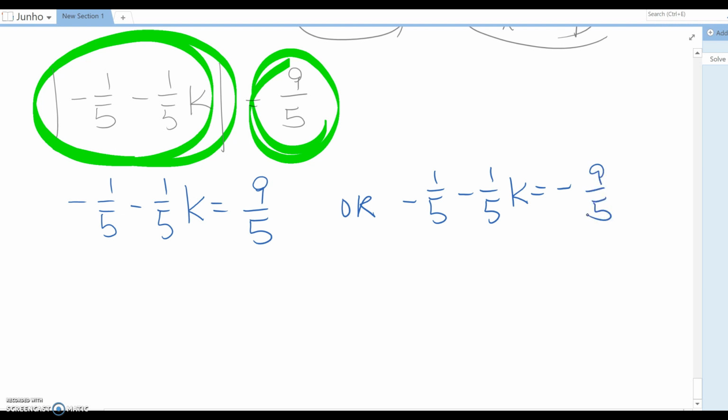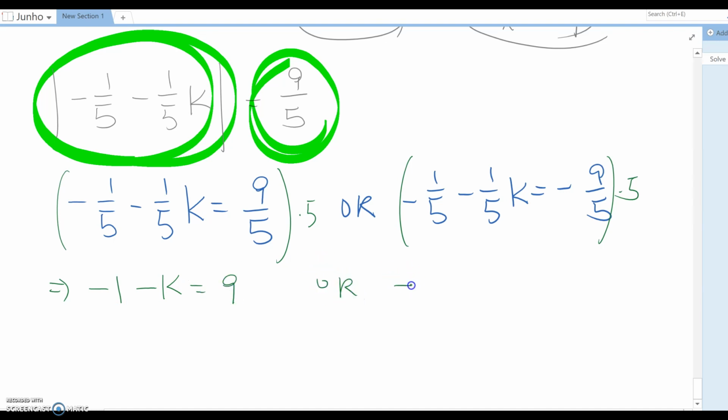Now, what's the common denominator? Fortunately they're all 5, so you just multiply everything by 5. Then this becomes negative 1 minus k equals 9, or negative 1 minus k equals negative 9.